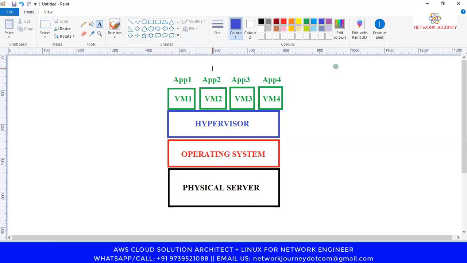Virtualization is all about sharing the physical hardware into virtual hardware. So it depends on the capacity of your physical hardware. It can't be more than your physical hardware. Within your physical hardware only, it can be shared. Okay, thank you.